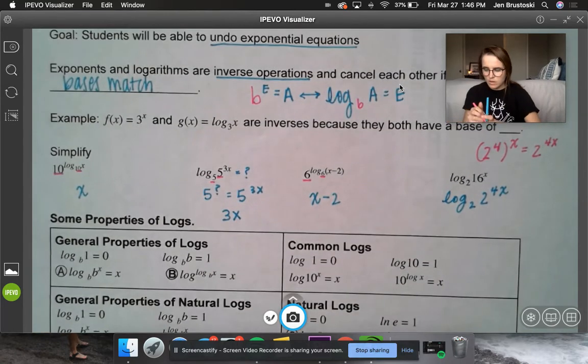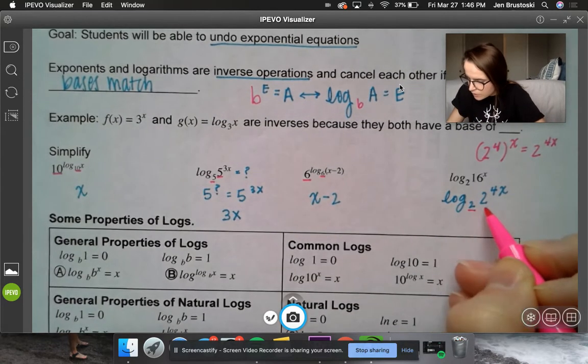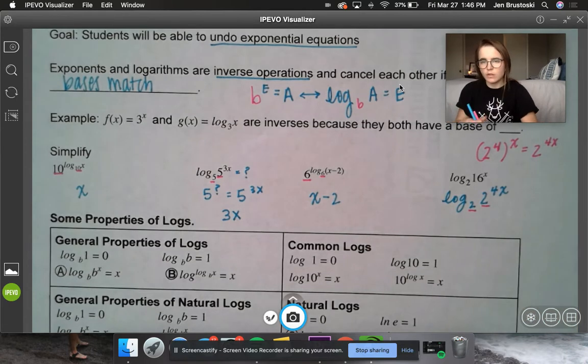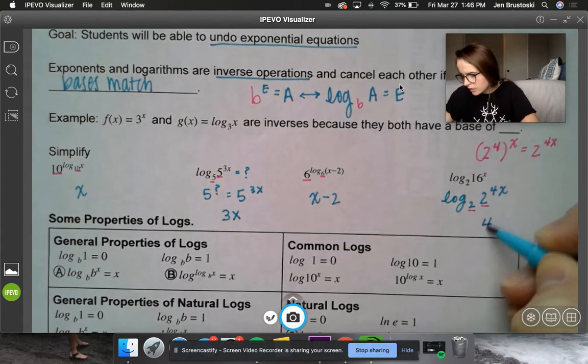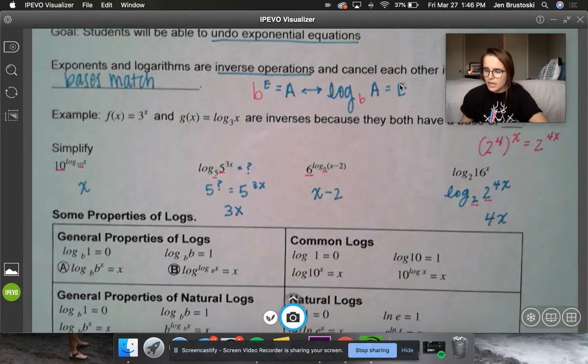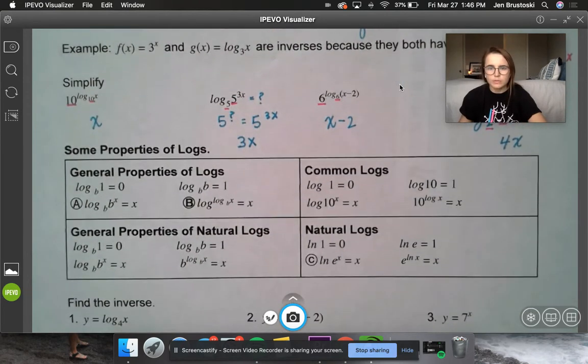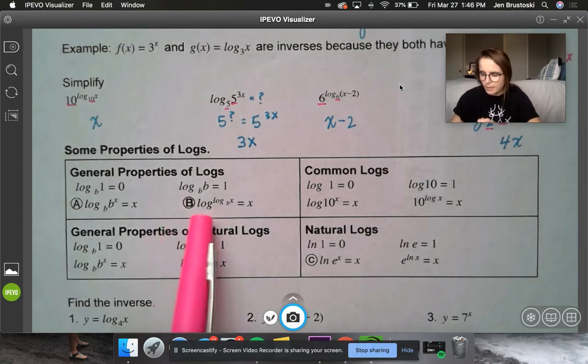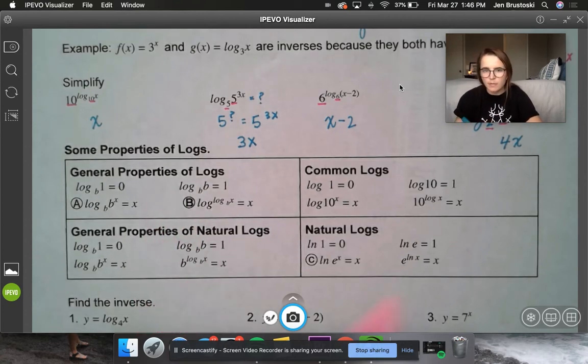There we go. Okay, so now we have the same base of 2 and 2. So the log goes away and we're left with just 4x. Okay, and so we have all of these properties of logs. We've got general properties and then common logs and stuff like that.